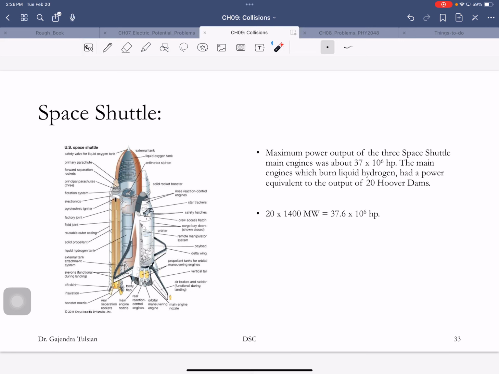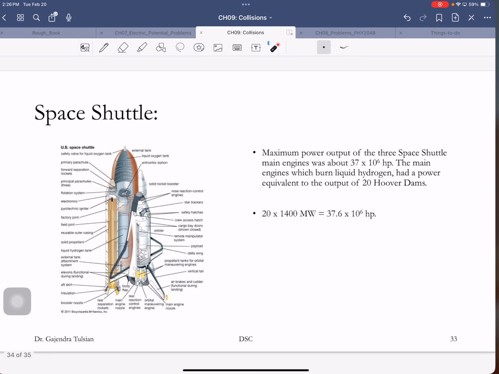You're burning fuel at such a rate that you can't just use the oxygen in the air. That's too little oxygen, so you have to carry your own oxygen. Plus, you're going somewhere that doesn't have oxygen. Even scramjets have to compress the air. So you have to carry your own oxygen.